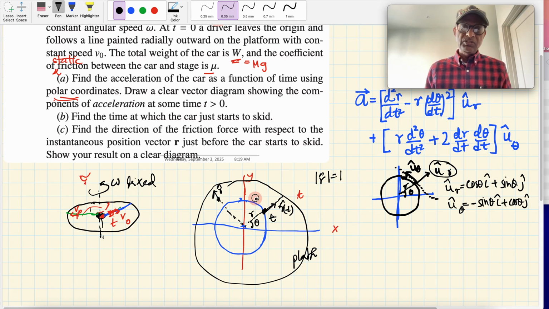And then there's a tangent to that. This is the tangent part, and this is the radial part. Going increasing theta is increasing this way. If you go the other way, theta decreases. And so this is the r hat, and this is theta hat, which I denote as u hat theta, a unit vector.